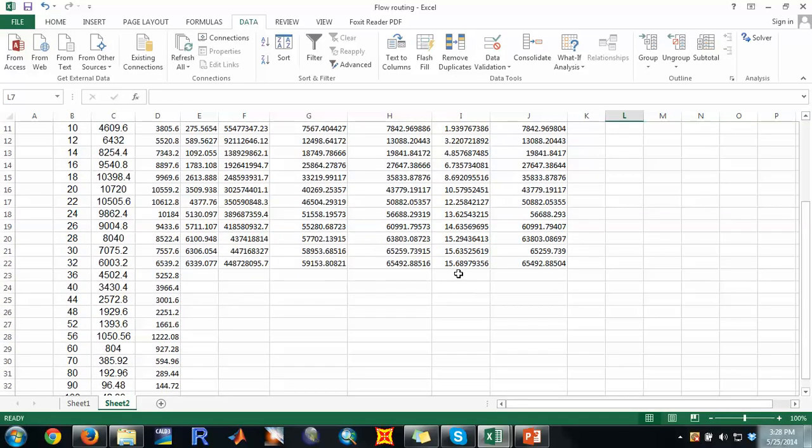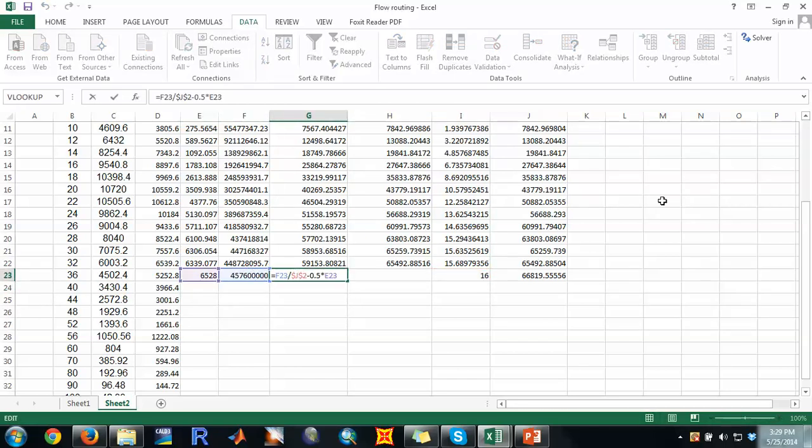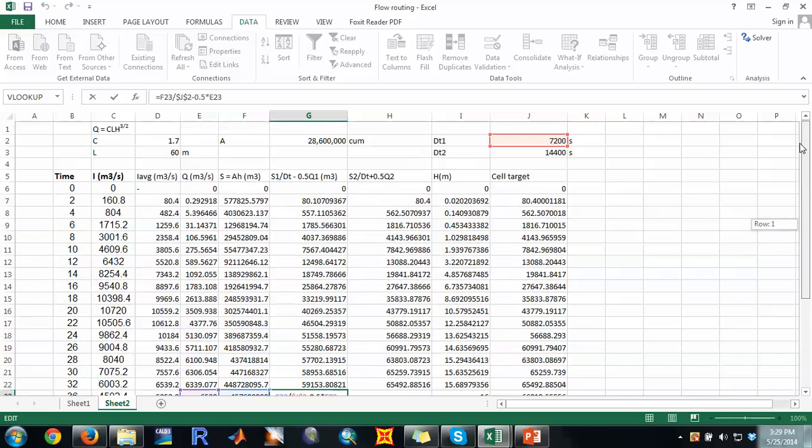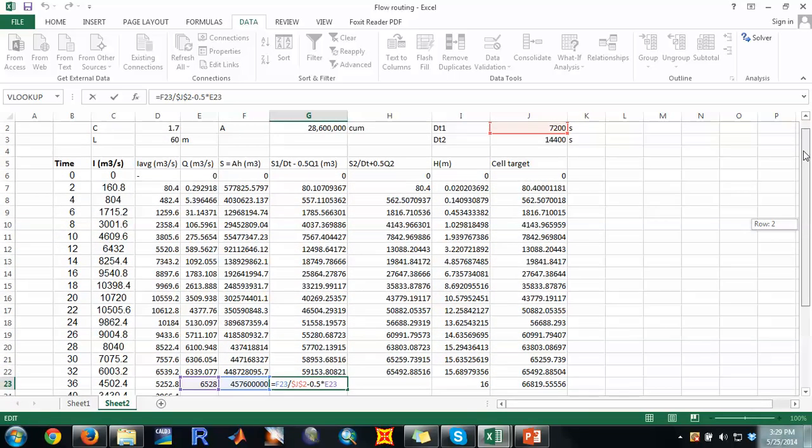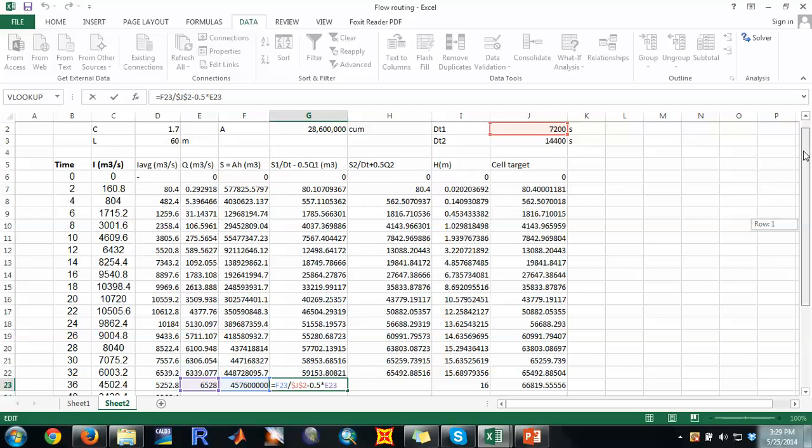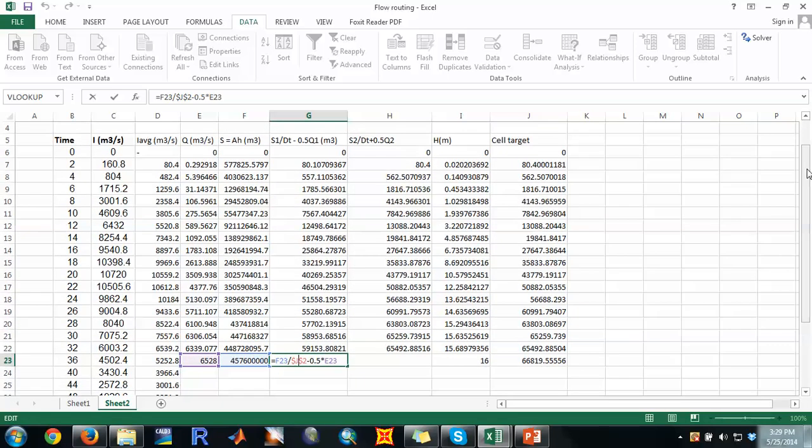So even if you assume h is equal to 16, and then at this point there is no dt. At this we have the dt, okay, dt1, so we have to change it to, this is j2, we have to change it to j3.